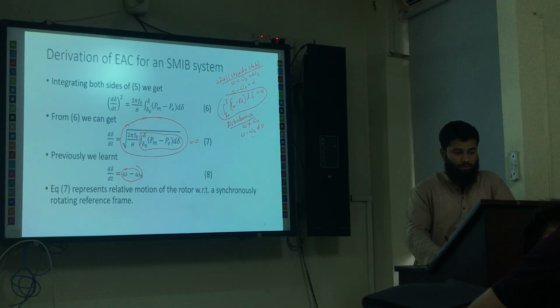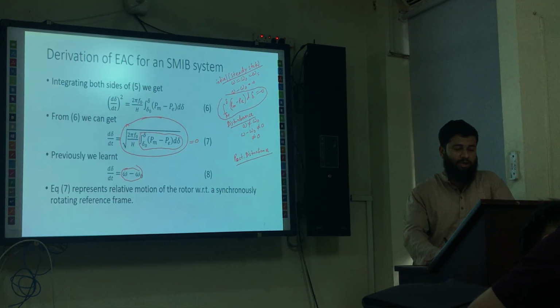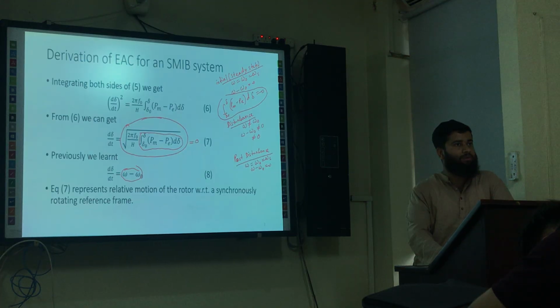Now let's say the post-fault or post-disturbance phase, and we are considering that after the disturbance the system is coming back to its original state. Again the system is in steady state. Okay. That means again after the disturbance we will see that the rotor speed is again equal to the synchronous speed. That means the relative motion will be equal to 0. Then again this integration term will be equal to 0, right?